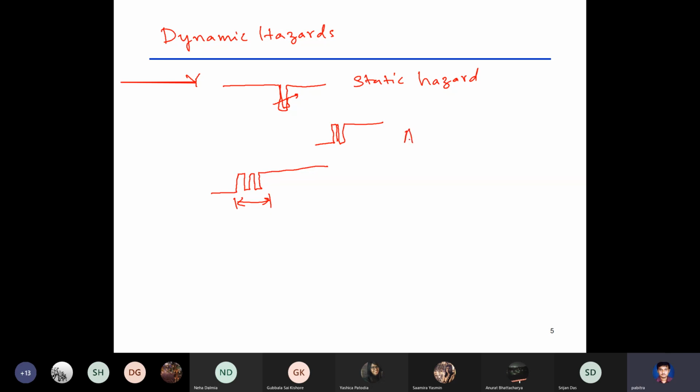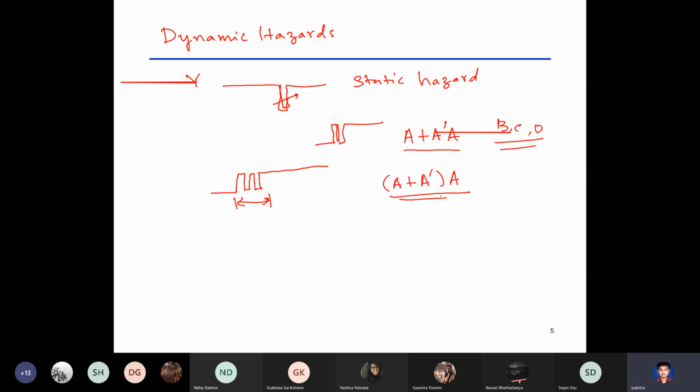usually it's a situation like this. For some input, let's say there are other inputs B, C, D. For some combination of B, C, D, if the function reduces to this form, then you can have a dynamic hazard.